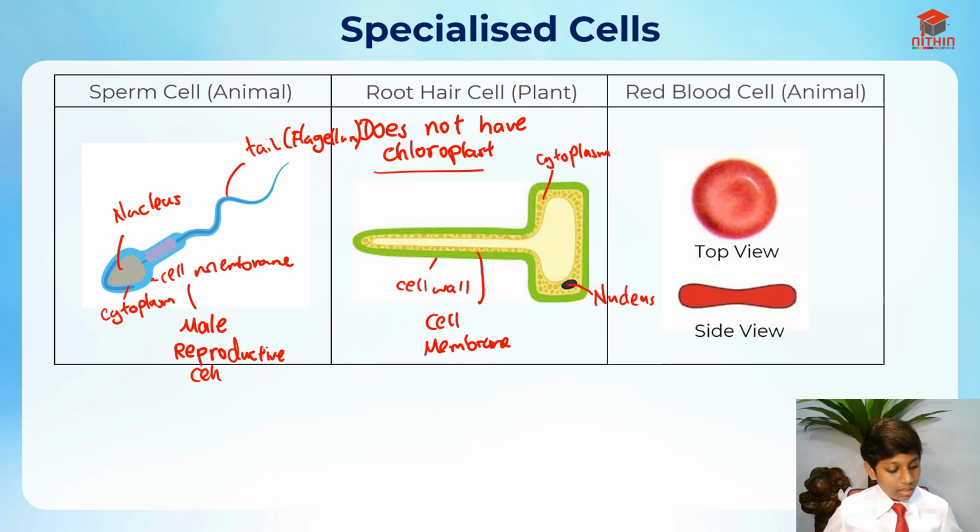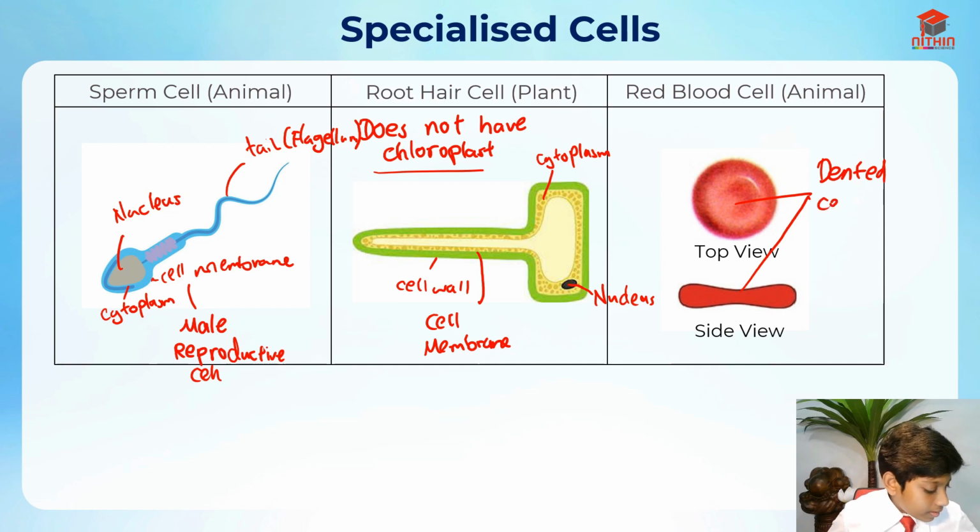The next one is the red blood cell. The red blood cell is from the animal as well. You know our blood, right? So this is the top view, and this is the side view. And I'm doing this to show you that the center is actually dented. Dented center. Okay?